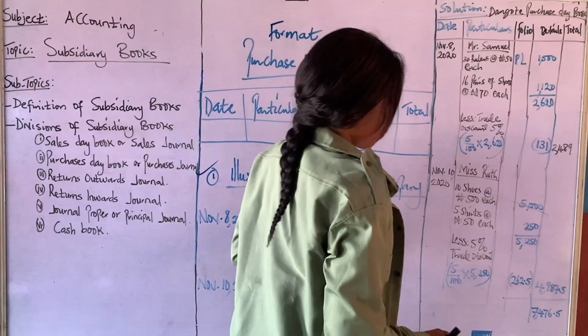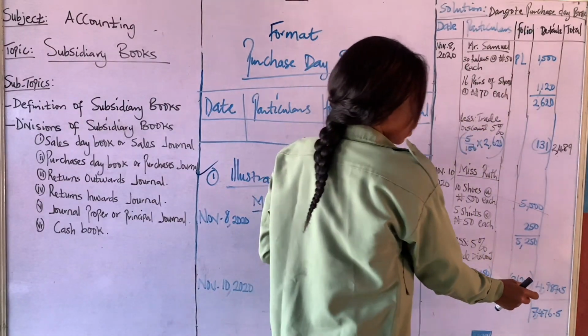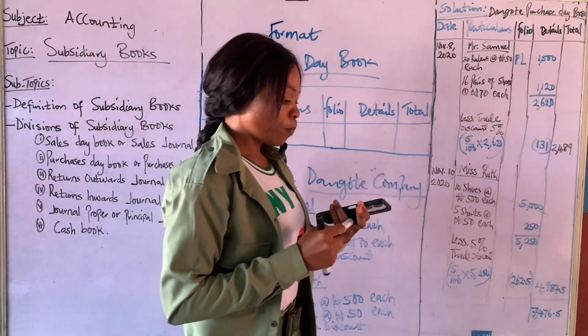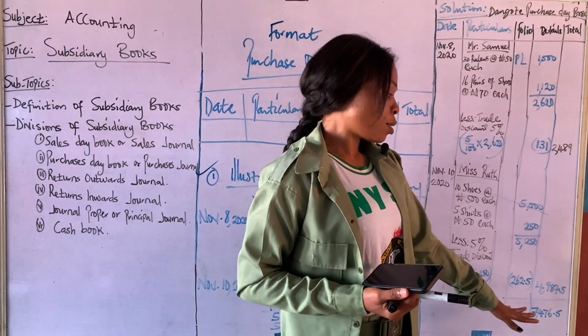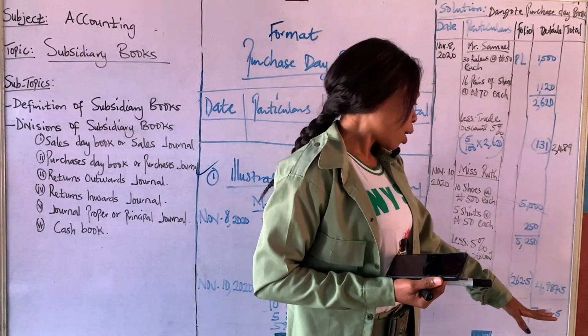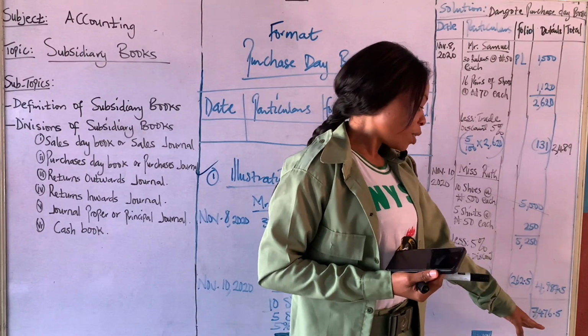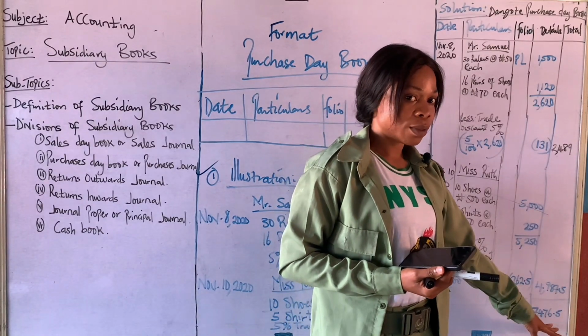7,476 naira 50 kobo. This particular amount, the total, will be posted in the principal book of account known as the purchase account, and you are going to debit this particular amount.